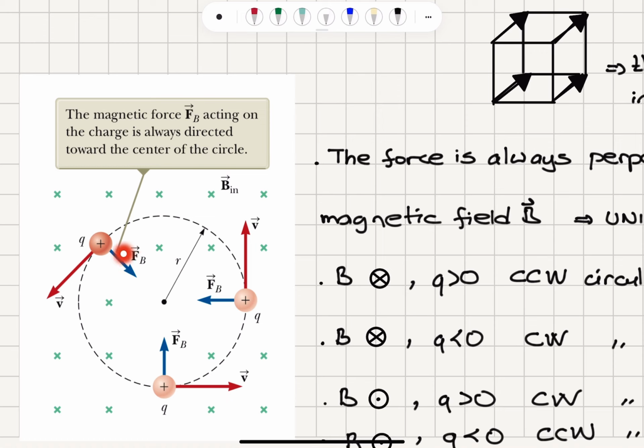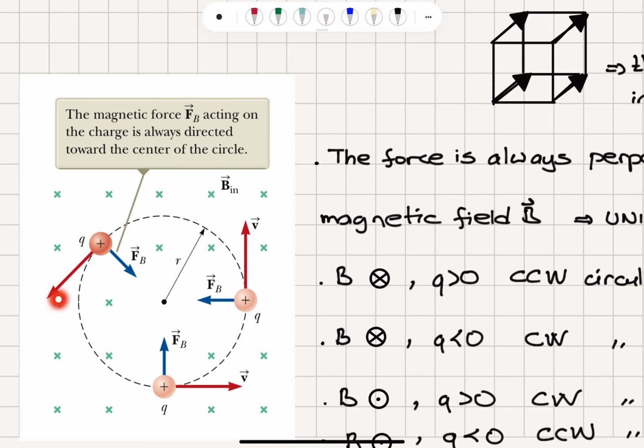And since this force is always perpendicular to the velocity vector, the trajectory that defines this type of motion is uniform circular motion. So this particle, when it enters this region with uniform magnetic field into the page, will rotate on this circle with uniform circular motion.